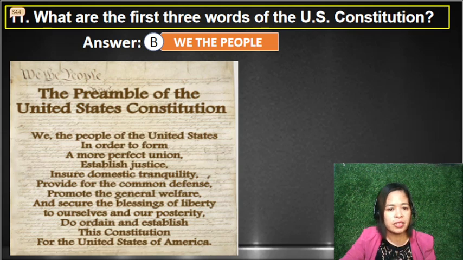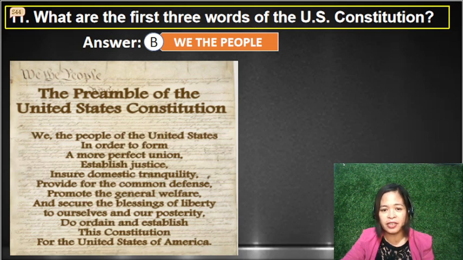Okay? So, considering that the most fundamental reason why American colonists revolted against the British crown in the first place was the issue of taxation without representation, it was only right that the US Constitution should and would begin with we the people, because after all its codes form the basis for the government intended to be by, of, and for the people of America.